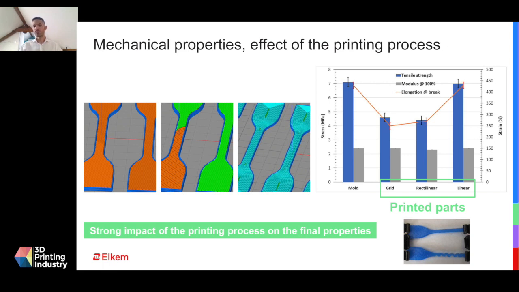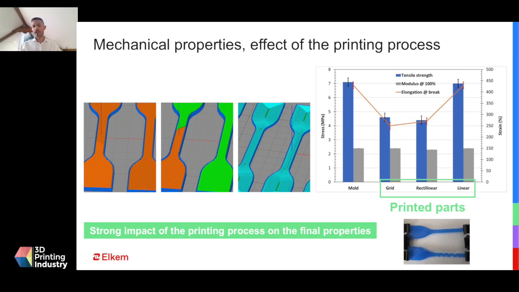But if you choose the right process to print your dog bone, you can recover the initial properties of the molded part. That's not due to the material itself, but mainly due to the defects that you introduce during printing. That's why you need to manage the printing process very well.